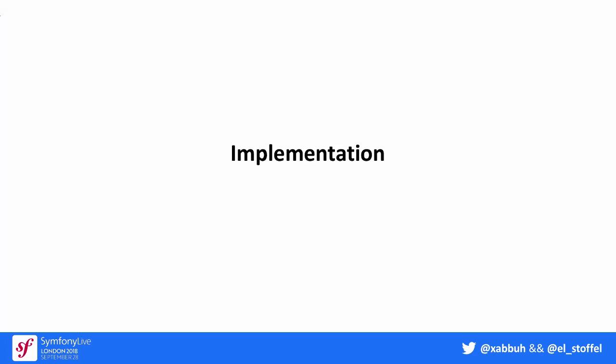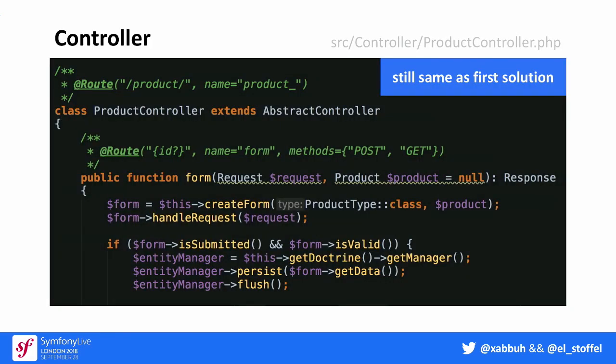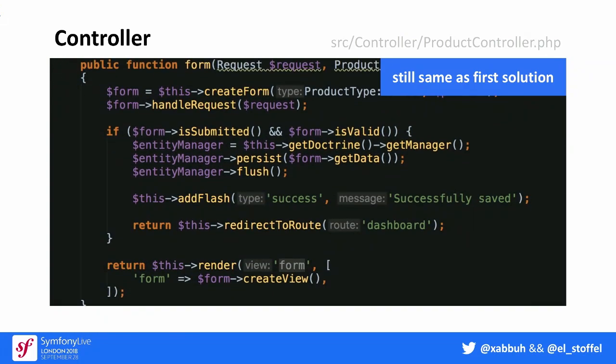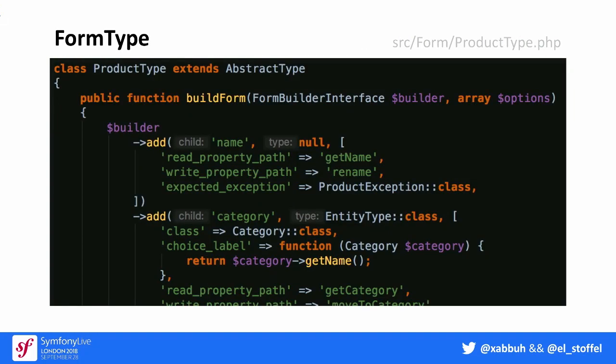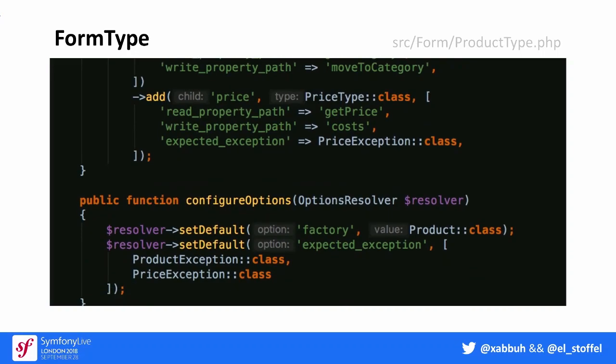Okay, I guess we're running out of time, so we have to rush a bit about the implementation. The implementation is still the same as in the first place, so the controller isn't aware of that. We have to extend the product type, so the form type, and we're adding the read and the write property path and the expected exception as well. And down here, we even have an expected exception on the complete form with an array of expected exceptions.